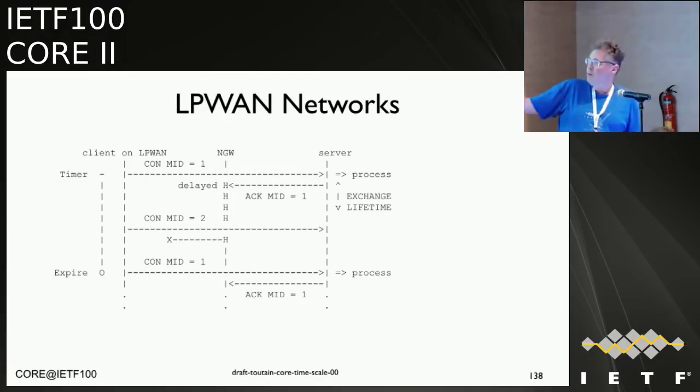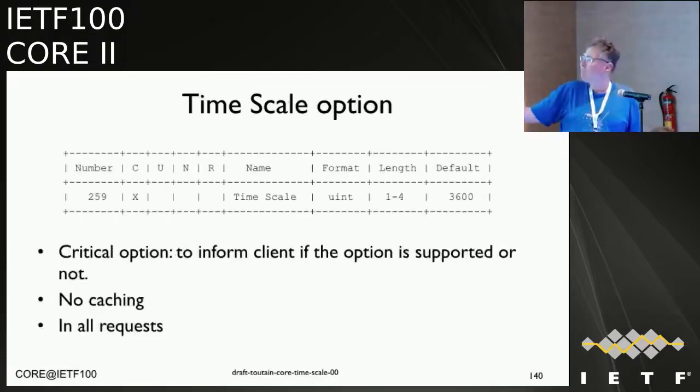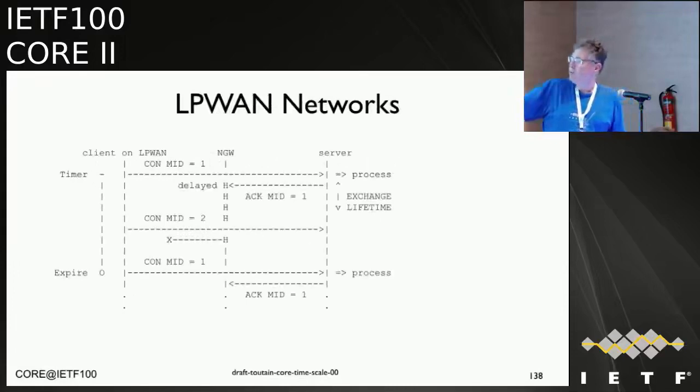So for example, here we have a device that sends a message and then has to wait a long time before receiving an answer if something, for example, goes wrong.